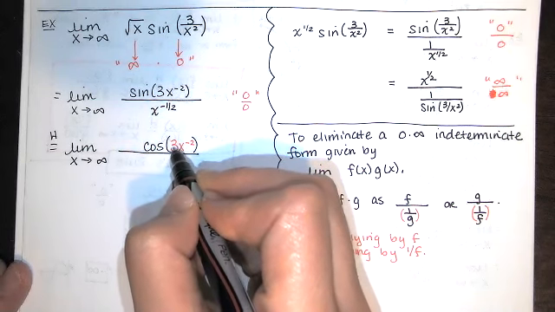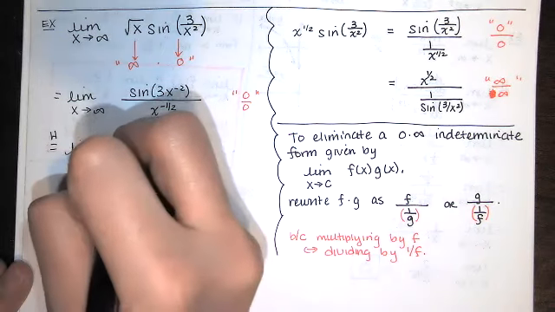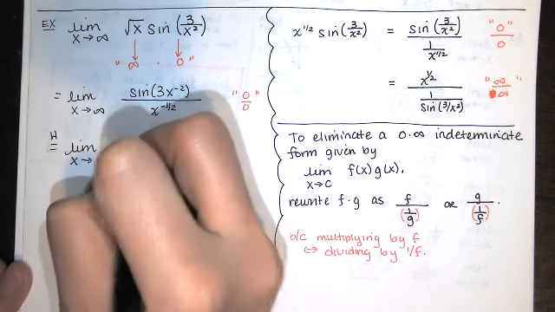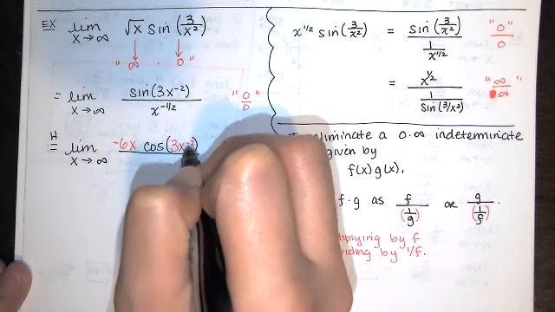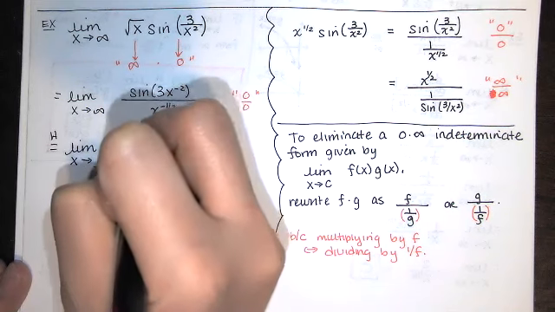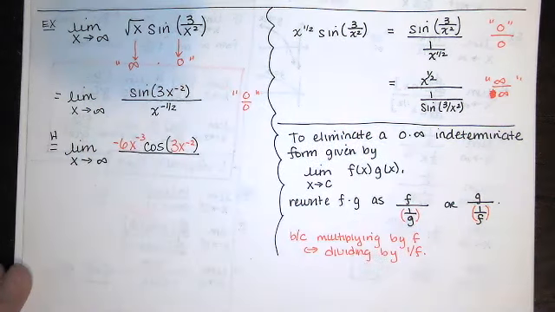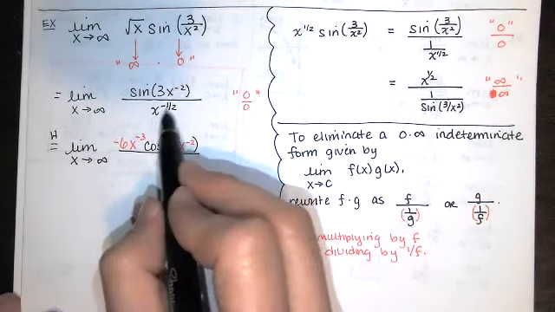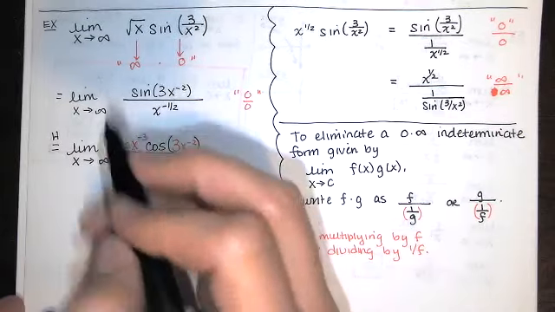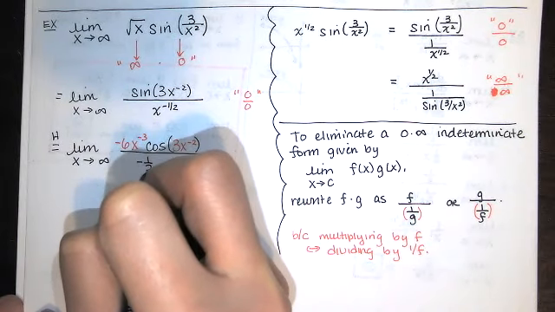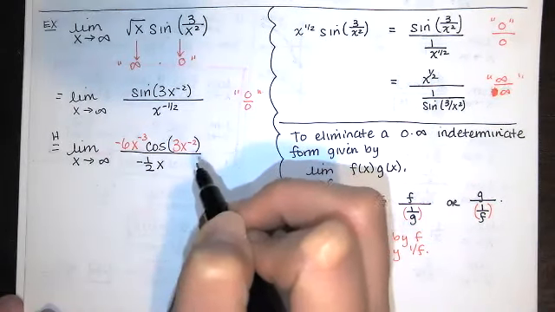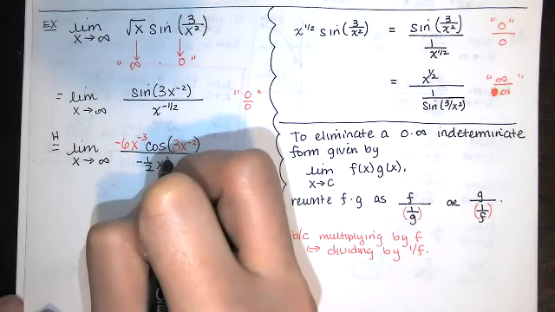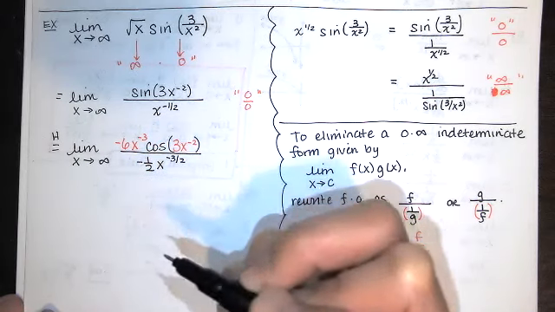So we'll have 3 times negative 2, that's negative 6, times x to the 1 less power. Negative 2 minus 1 is negative 3. Then in the denominator, we're doing the same thing. There's no chain rule, though, it's just a power rule. So we bring that power down, we multiply by x to the 1 less power. Negative 1/2 minus 1 is negative 3/2.